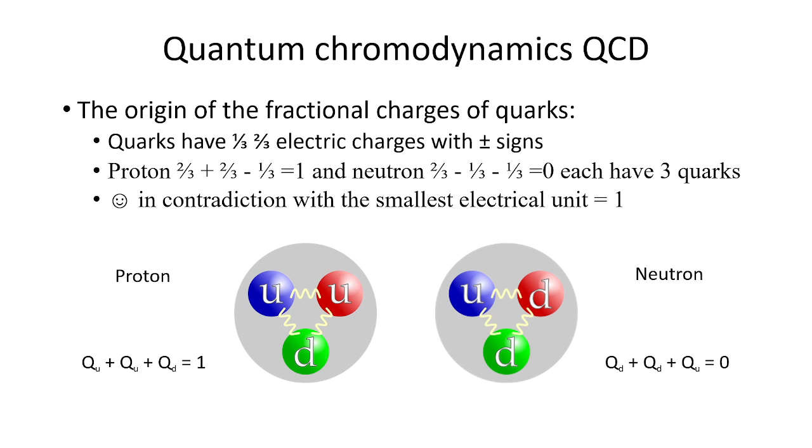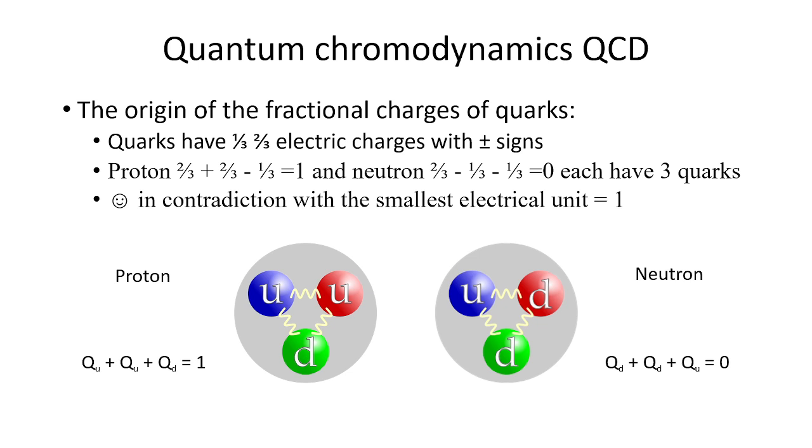Quantum chromodynamics QCD, the origin of the fractional charge of quarks. Quarks have 1/3, 2/3 electric charges with plus-minus signs. Proton and neutron each have 3 quarks. The equation for proton is Qu plus Qu plus Qd equal to 1.